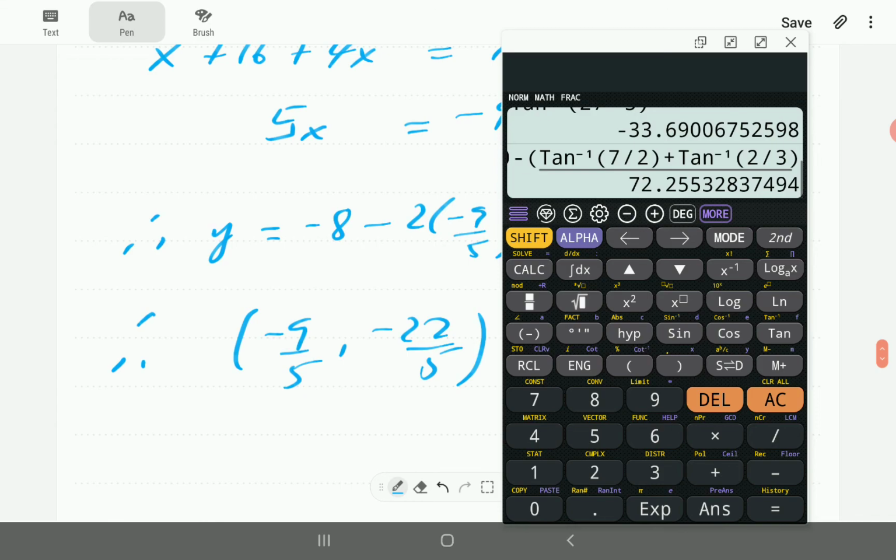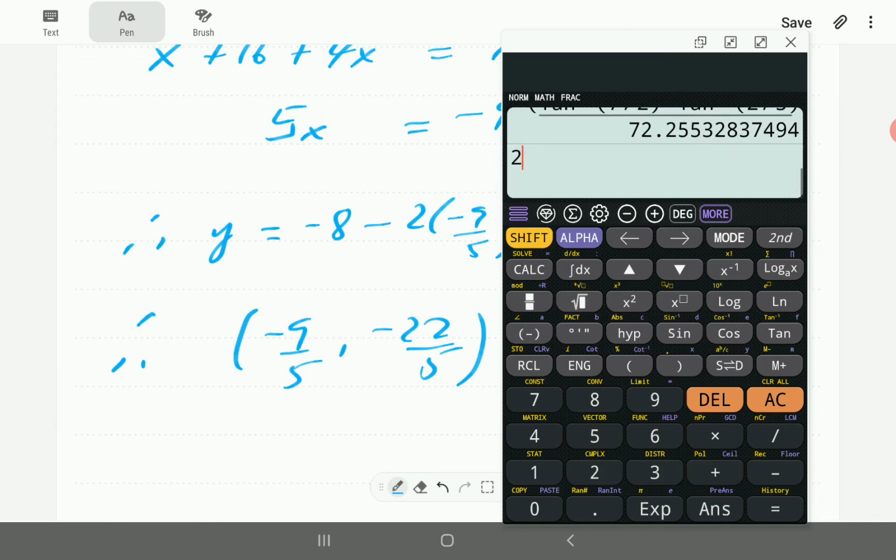So we can do that in the calculator. 2 times -9/5, plus y, which is -22/5.